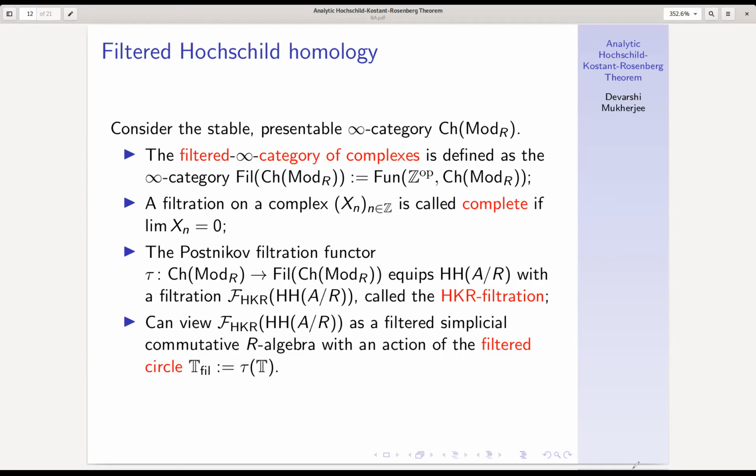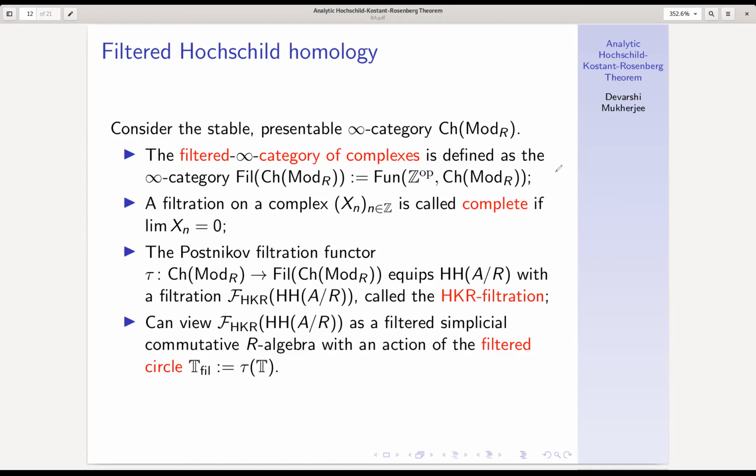Okay, now let's work in this category of complexes again. For any category, you can define the filtered infinity category, or filtered category. This is just given by functors from the category of integers to the target category.